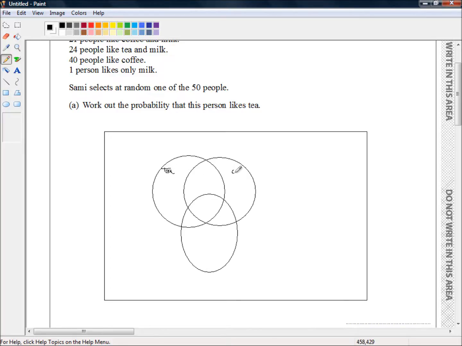Tea, coffee, and milk. Okay, well right away I can say one person likes only milk, so I can put 1 here. Because this is just milk.